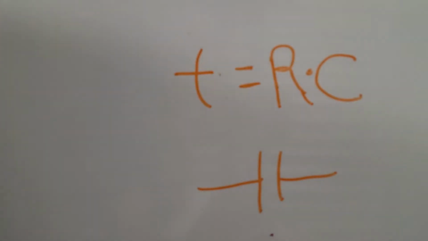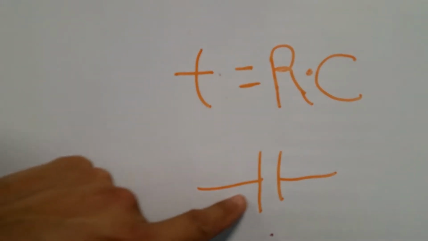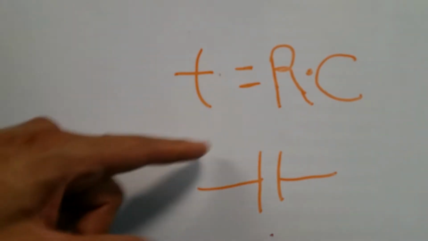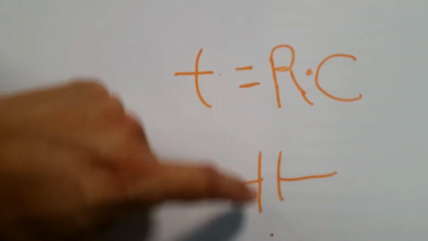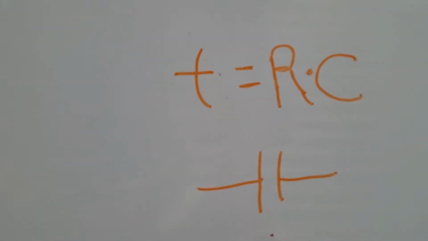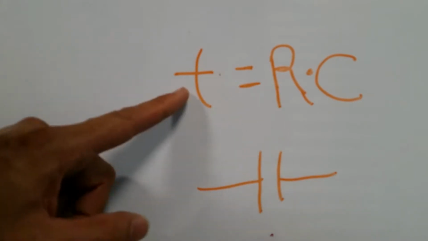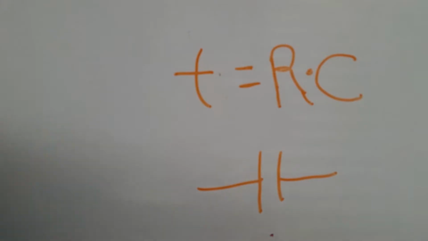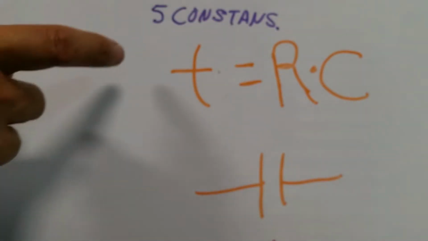The time constant for any capacitor is defined by the wires that are going into the plates, which have certain resistance. That resistance of those wires times the capacitance, which, by the way, is what capacitors are measured in. So the value of the capacitance times the resistance is what's going to give you the total charging time constant for charging a capacitor.